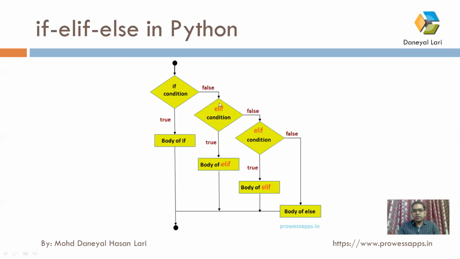On the basis of that expression, if it gets true, then the body of elif will execute, and you will move further to execute the rest of the statements. And if elif gets false, then if you have another elif, it will check that elif condition, and if that condition gets true, then the body of that elif will execute. Otherwise, if all get false, then the body of else will execute. So this is the whole program structure that will be followed by the if-elif-else statement.